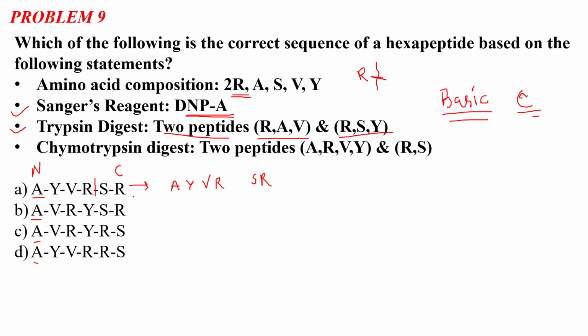So this is not the correct sequence of the hexapeptide based on these statements. Moving to the next option, if it cuts at the C-terminal end of arginine, it will give 2 fragments: one is A, V, R and another is Y, S, R. We can see that this follows the statement correctly, because we have 2 peptides, one with R, A and V, and the other with R, S and Y.